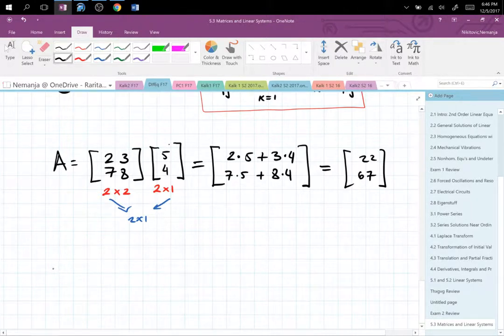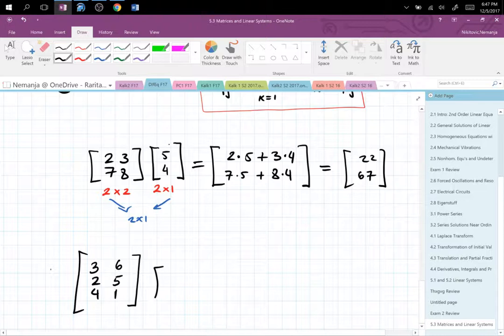How about 3, 2, 4, and then 6, 5, and 1, times the square matrix 8, 7, 3, and 2, whatever.